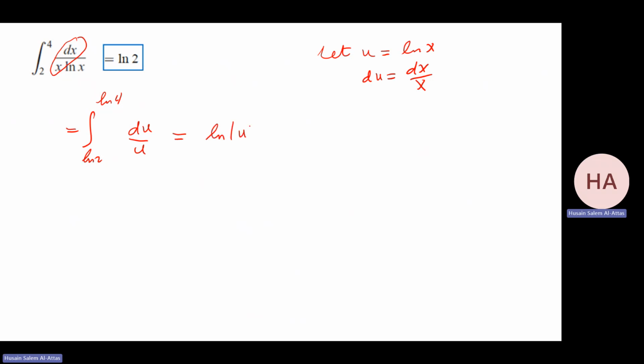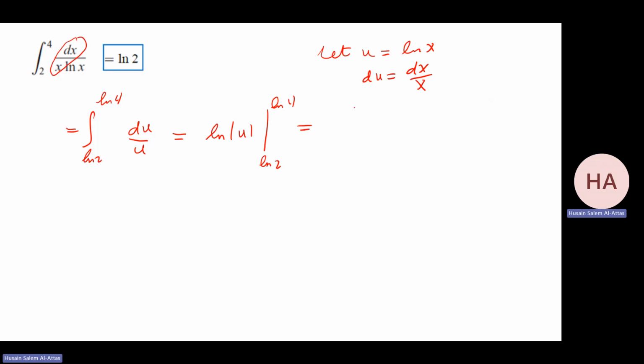Okay. This one. So I let u equal ln x, du is dx over x. That will be from ln 2 to ln 4 of du over u, which is ln of absolute value of u from ln 2 to ln 4.